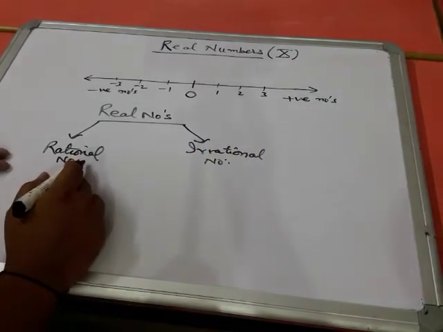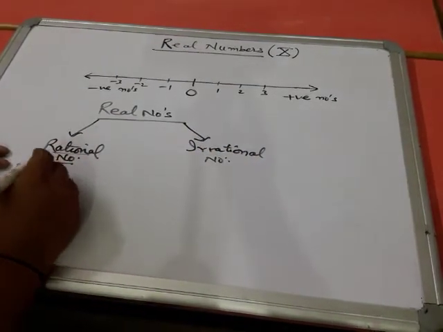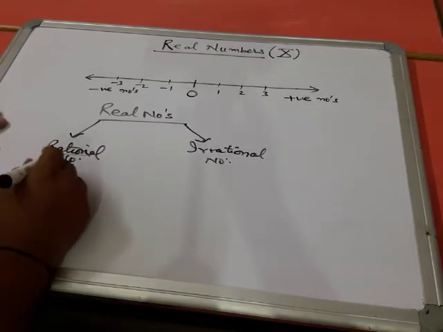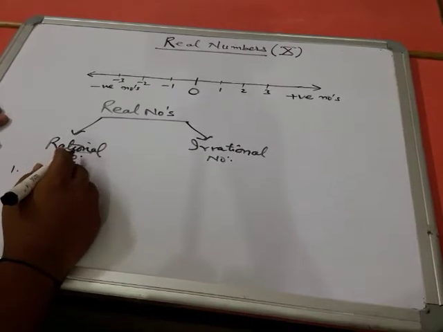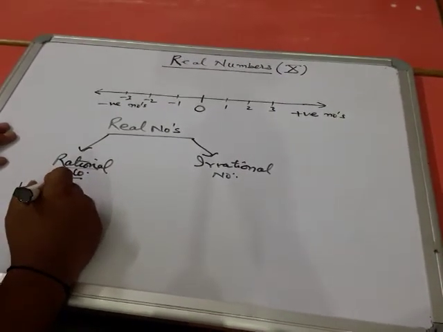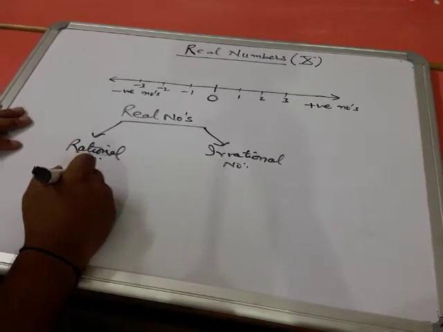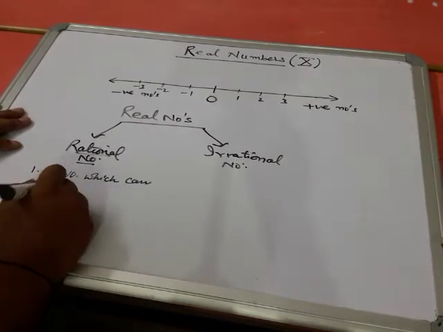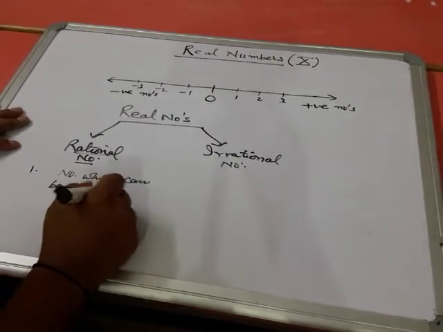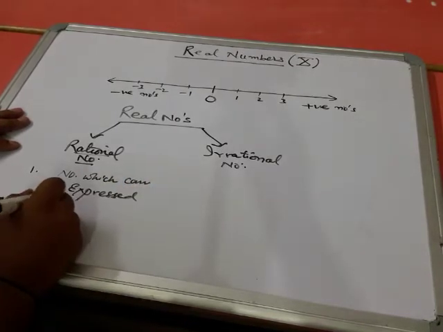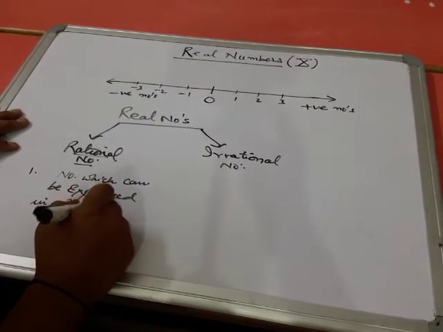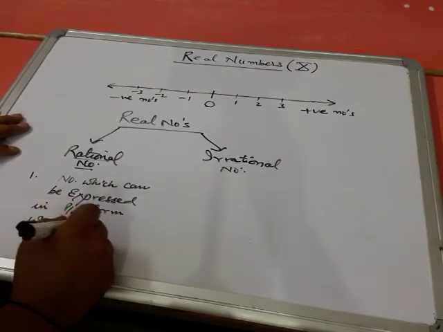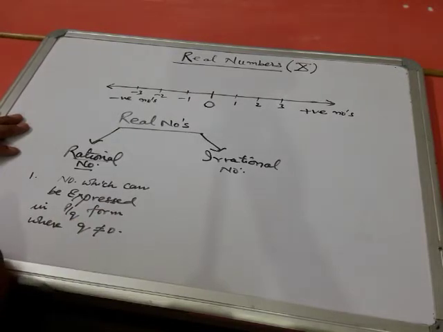Now, what are rational numbers? There are two definitions of rational numbers. Number one: any number which can be expressed in P upon Q form, where Q must not be equal to 0.